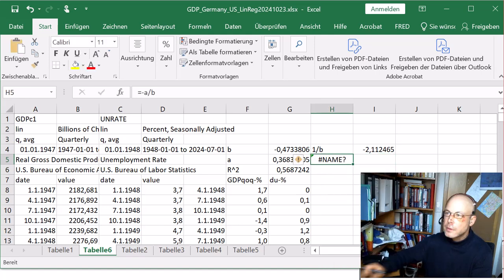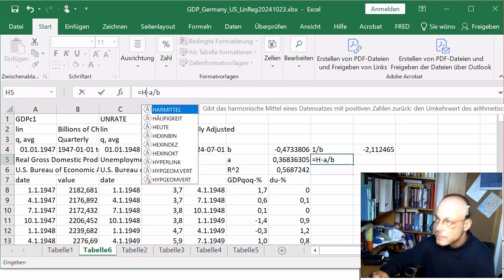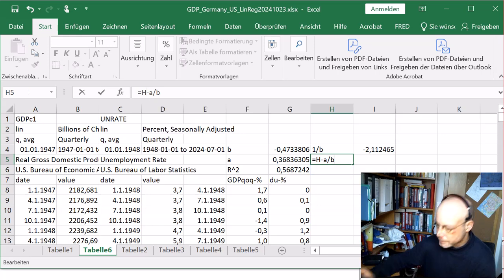Oops, don't want the equality sign. Then I have to reformat this cell, I think. Sorry, this doesn't work, but it will work in a minute.